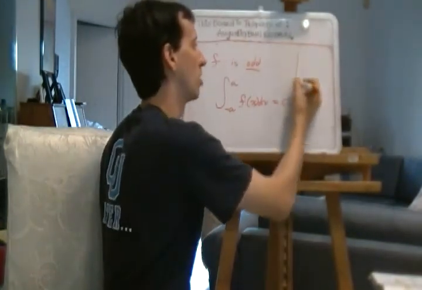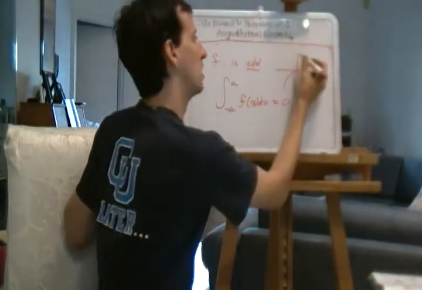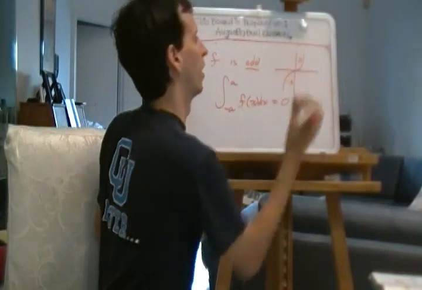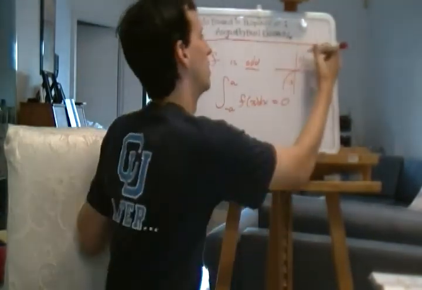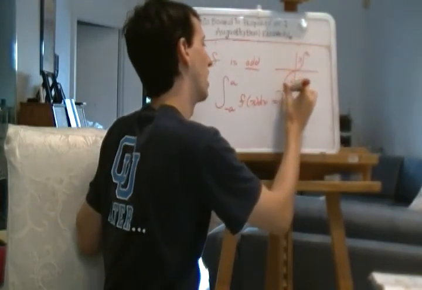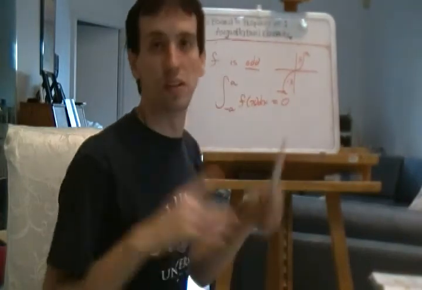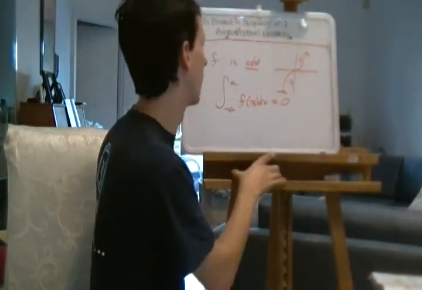Let's use our most basic one that we like to work with, x cubed. If this area is 3, well, this area is going to be negative 3. And they're going to balance out and create 0 if this is a and this is negative a. All right? So that's what it says. If it's even, it's going to be double one side. If it's odd, it's going to be 0.